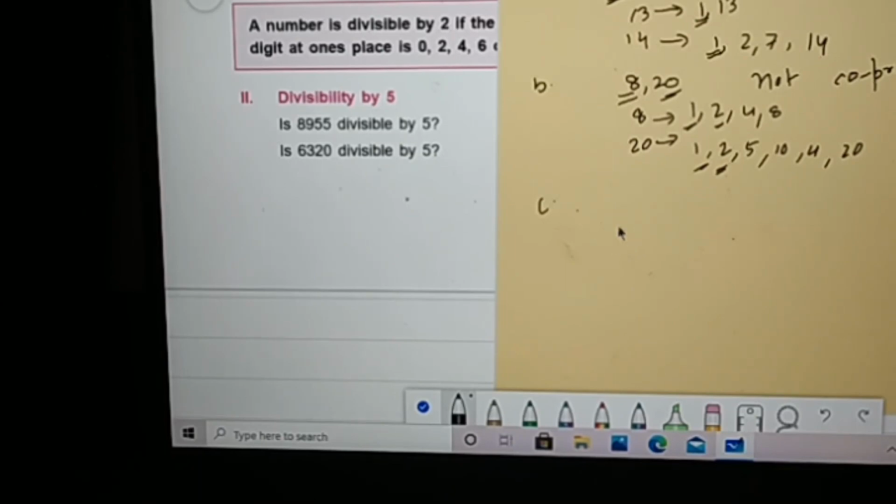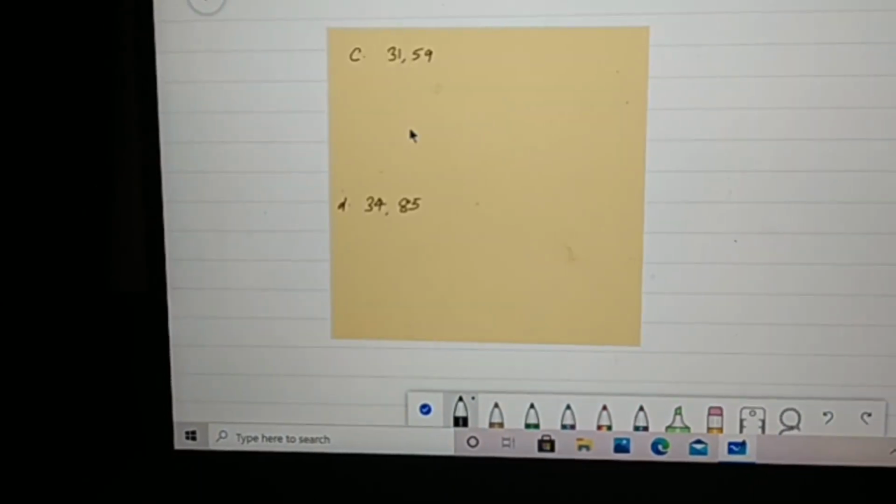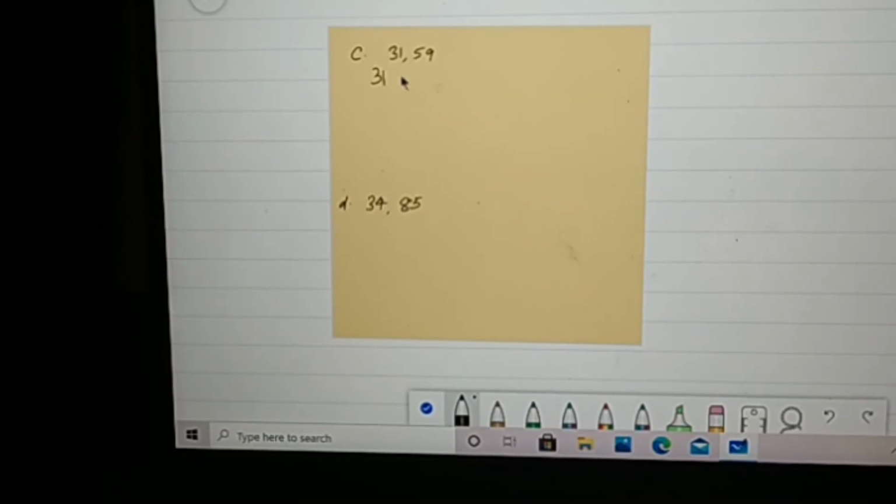Let's write the factors of 31. 31 is a prime number, so it has the factors 1 and 31. And 59 is also a prime number, and it is not divisible by any other number, so it has a common factor of only 1. It is co-prime.